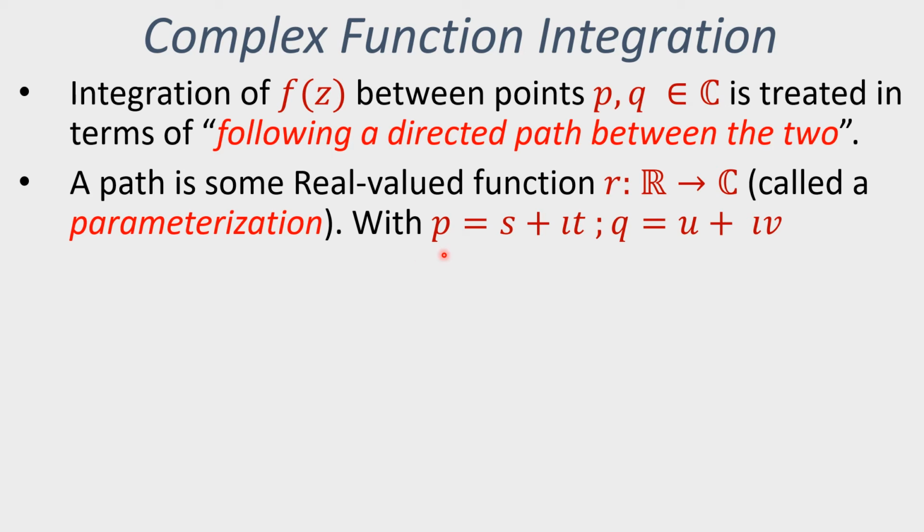If we're integrating between two points, P and Q, the parameterization is a real function, a function which takes real inputs and returns complex values, and all it has to satisfy is that when we apply this function to the real parameter value for the first point, we get the first point back, and when we apply it to the real parameter value for our ending point, we get the ending point back.